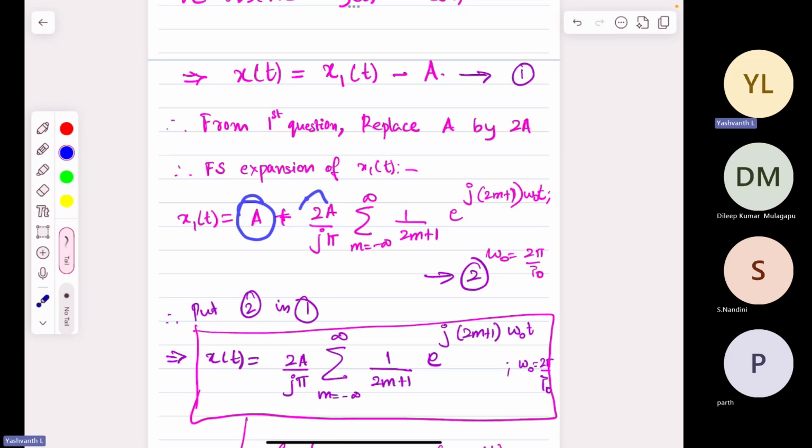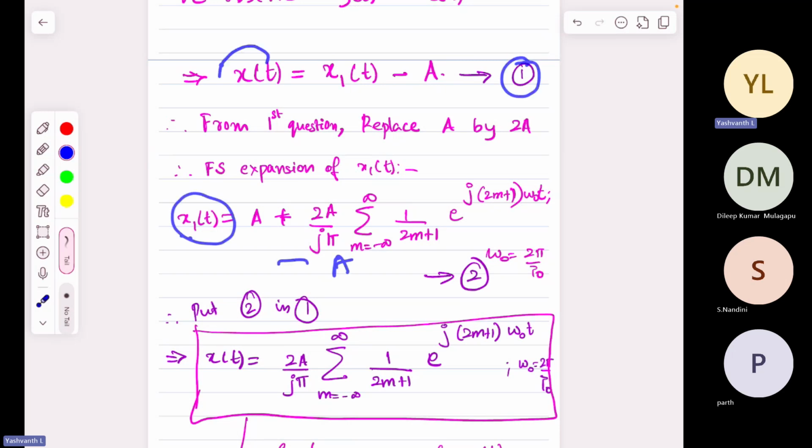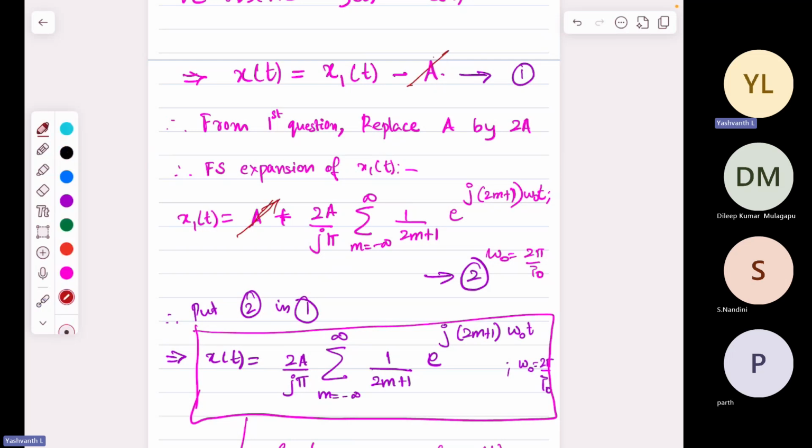A plus 2a by j pi into the same thing I wrote in the answer to the first question. But now it is not just this, you need to subtract a from it, because equation 1 says that x of t you can get when you subtract a from x1 of t. That's why this a and this a will cancel out.